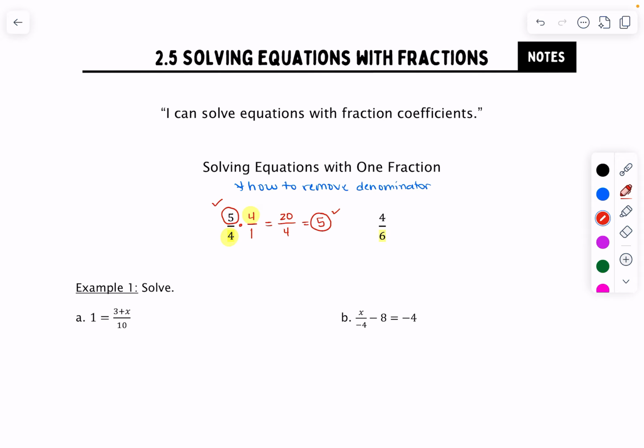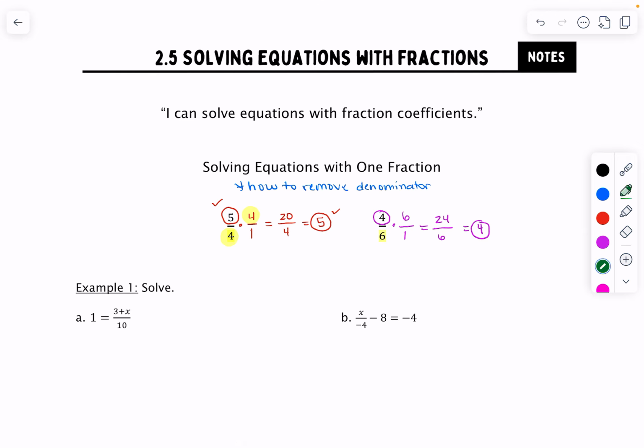which is 5. So if I do the same thing over here, what number would I multiply the 6 by? The 4/6, I'd multiply it by 6/1. When I multiply the top, I get 24. Multiply the bottom, I get 6. 24 divided by 6 is 4. And look at that. It got rid of the denominator and left me with the numerator. So it removes the denominator.